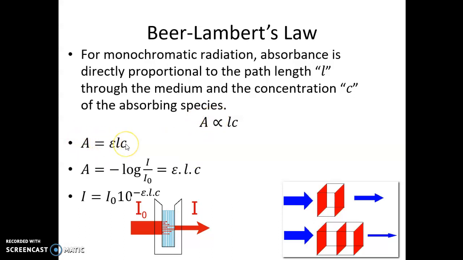So the proportionality constant is the molar extinction coefficient, or the absorptivity coefficient. The molar extinction coefficient is an old terminology that is still in use. So we can relate absorbance given with this equation to the absorbance in relation to transmittance, and we can relate the amount of light that is passed out to the incident light using that equation.